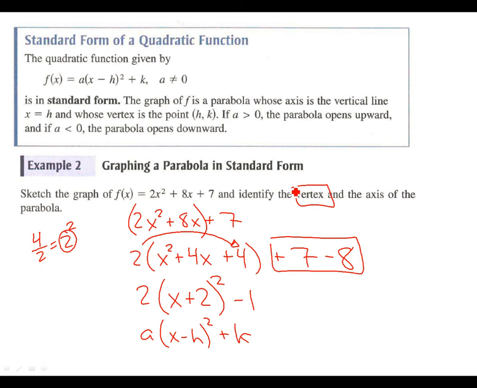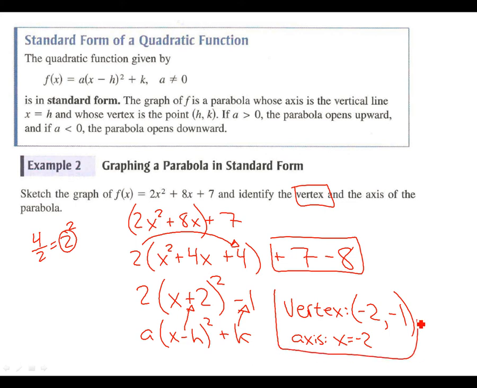The vertex is going to be negative 2, because the minus is already in the formula, and then minus 1. K is negative 1. The axis of symmetry, x equals negative 2, just whatever h is on there, and that would be our answer.